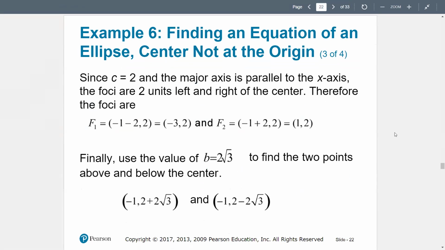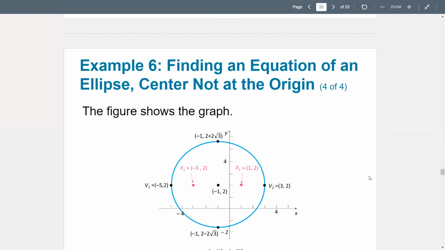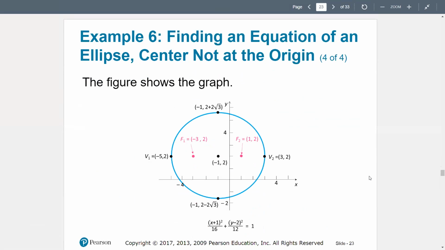So they found the square root of b squared, or they found b, and then they plugged it in to find the 2 points. And these will be the points that sit above and below the center. So a little bit more work goes into it when the center is not (0, 0). Here is your hand-drawn graph.